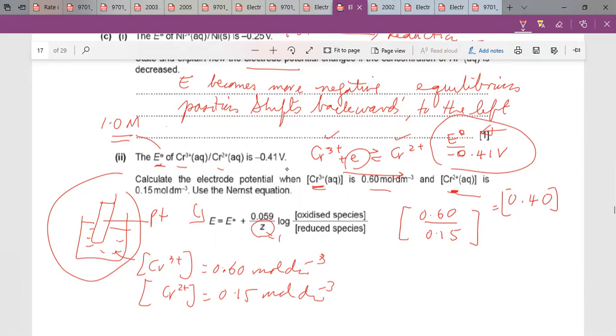Sometimes they put 0.059, sometimes they put 0.06 as well. Here 0.060. So it depends on the question, but normally it's 0.059 to be exact. So quite simple. Of course, if this is 1 over 1, log 1 over 1 is log 1, log base 10 of 1 is what? It is 0. So this is 0, that means this is equal to the E naught value.